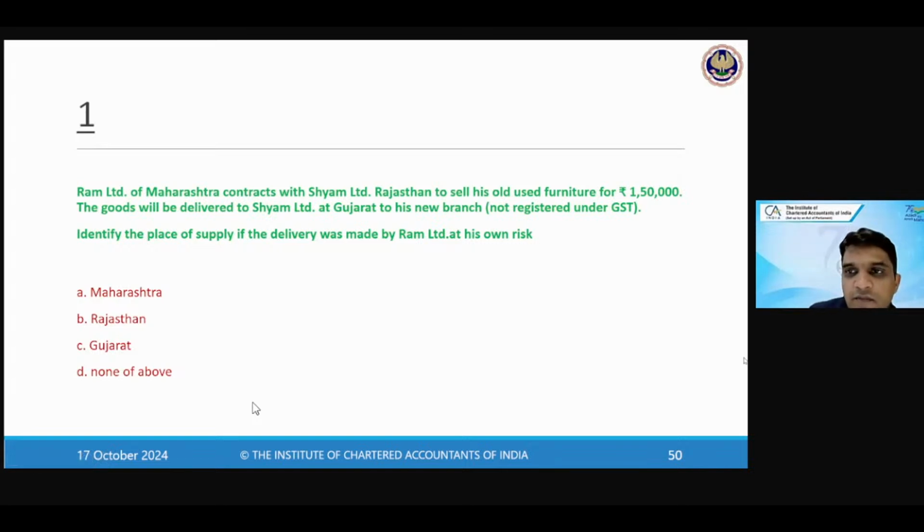Ram Limited of Maharashtra contracts with Shyam Limited of Rajasthan to sell his old used furniture for 1,50,000 rupees. The goods will be delivered to Shyam Limited at Gujarat, to his new branch, which is not registered under GST. Now identify the place of supply if the delivery was made by Ram Limited at his own risk.